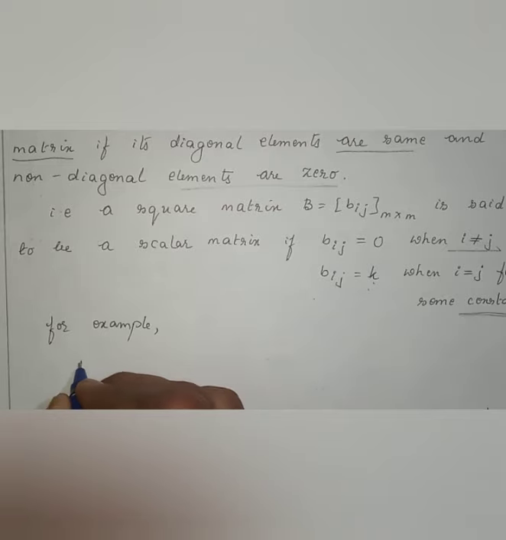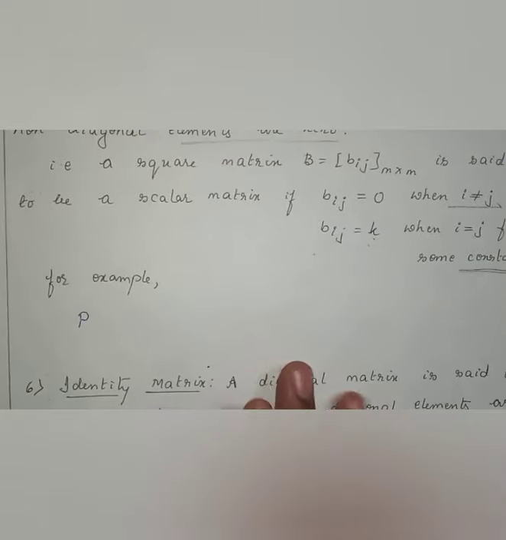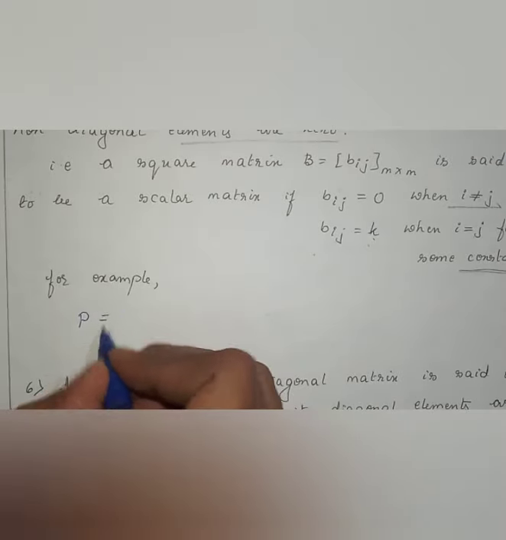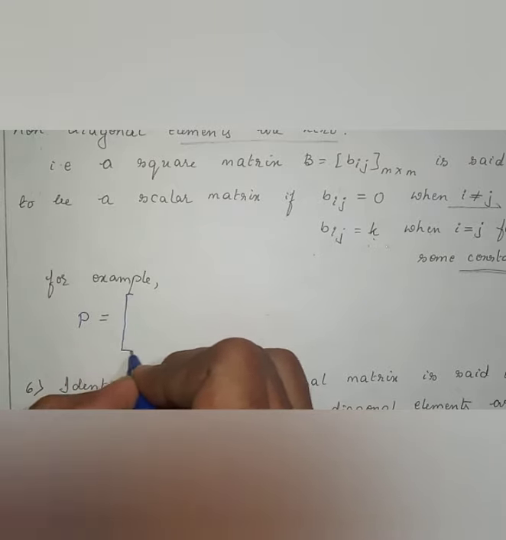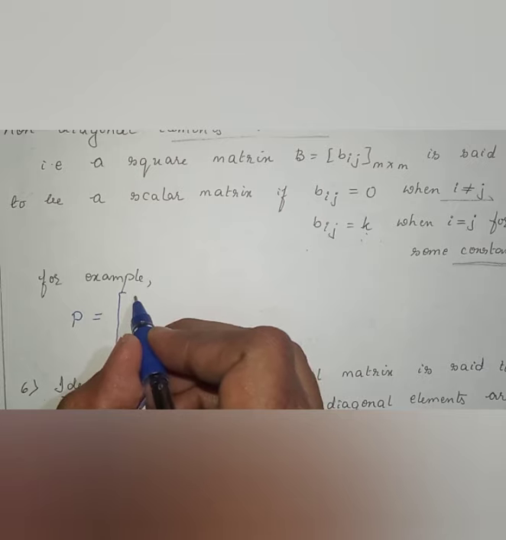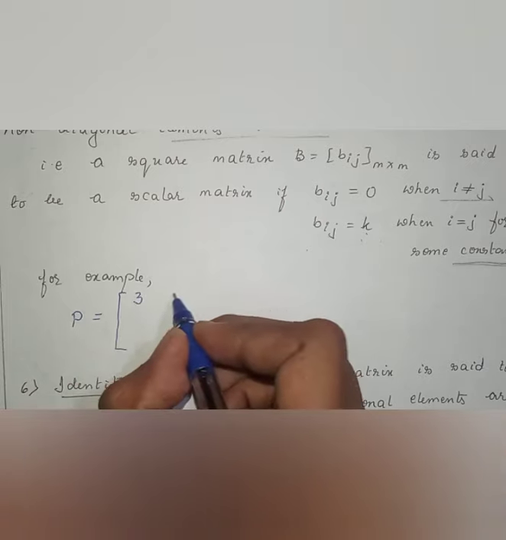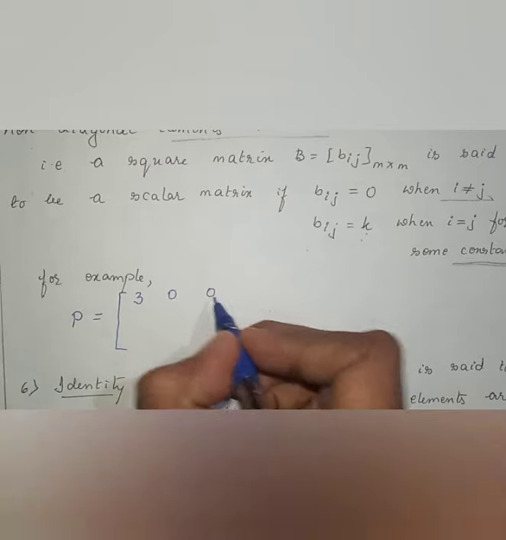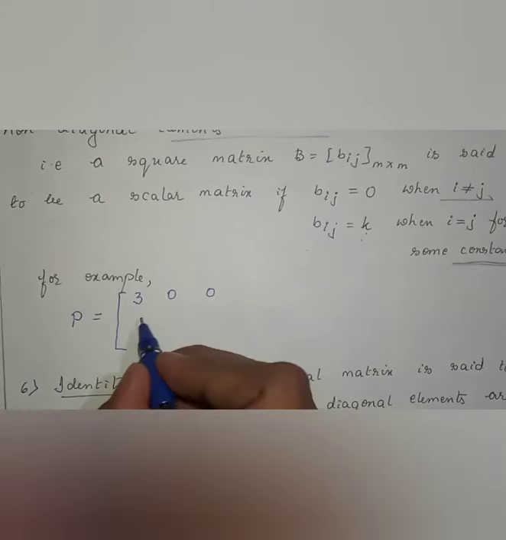So, I'll take the matrix P. This should be a diagonal matrix. The first entry I'll write here 3. And the remaining entries should be 0 in that row.